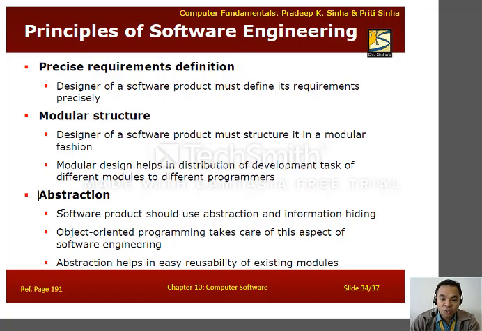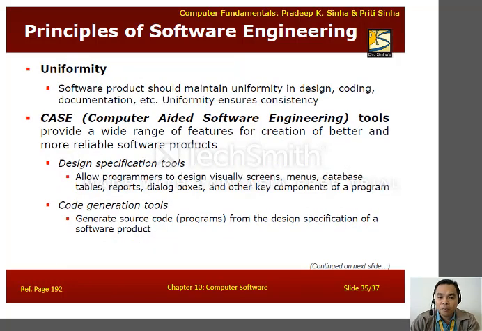It means a software product should use abstraction and information hiding, and object-oriented programming takes care of this aspect of software engineering. Abstraction makes it easier to use the existing modules. The other principle is uniformity. It refers to the principle wherein software products should maintain uniformity in design, coding, documentation, and many more.